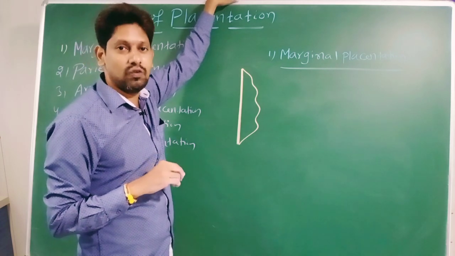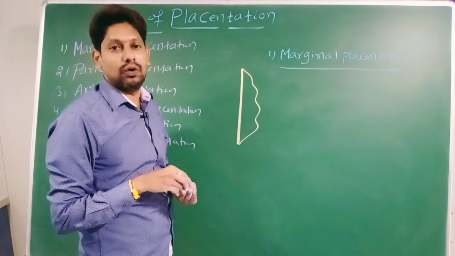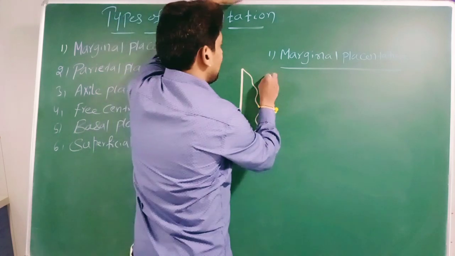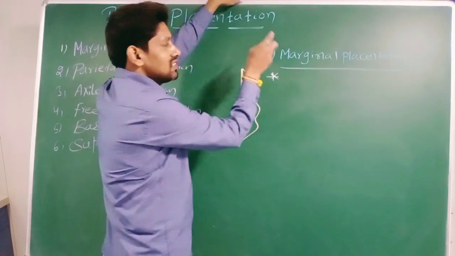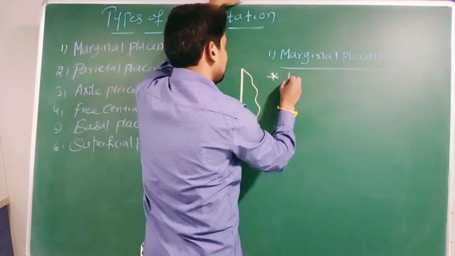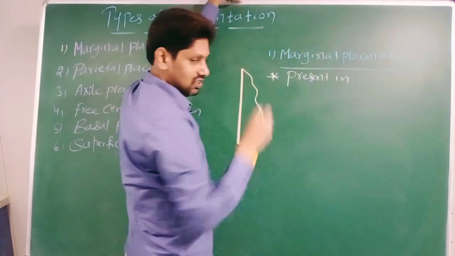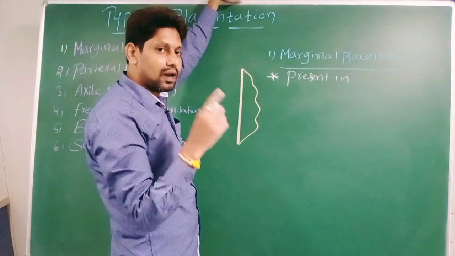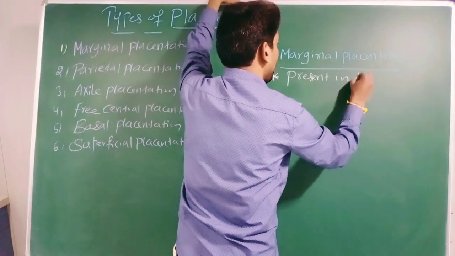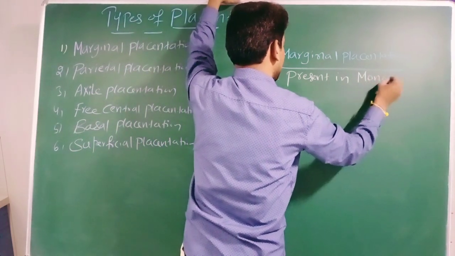Therefore, this marginal placentation is present in a gynoecium with how many carpels? One carpel.